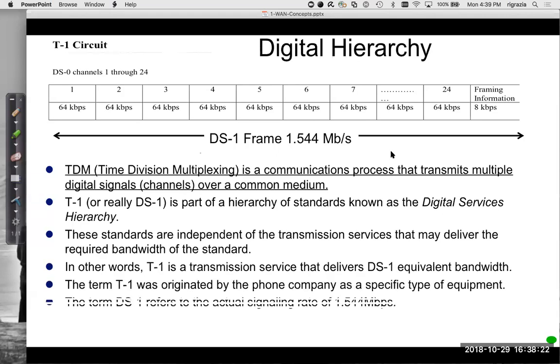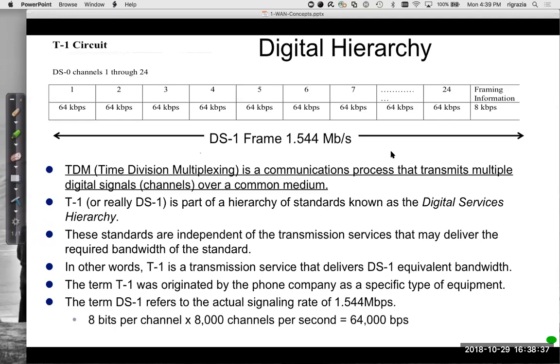So this is what I wanted to get to here. A T1 had an actual signaling rate of 1.544 megabits per second. We call them T1 links, but the service was known as DS1. Now, what was actually sent was 8 bits per channel, in these 24 channels. The frames were sent at 8,000 frames per second.